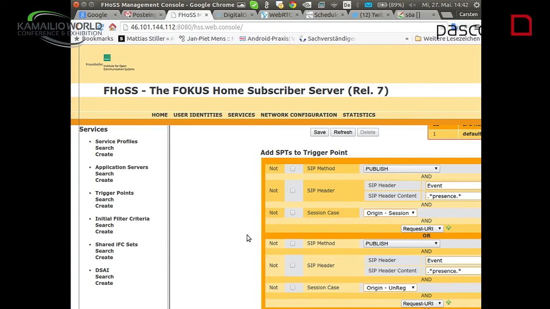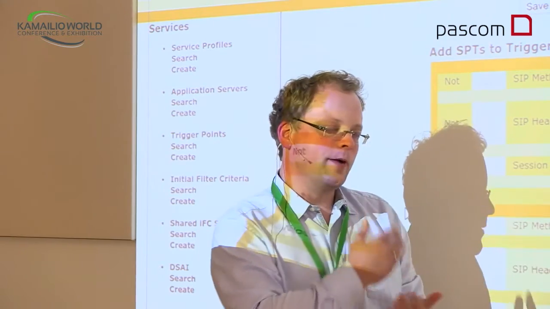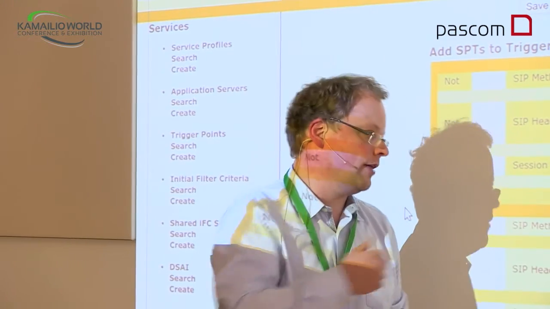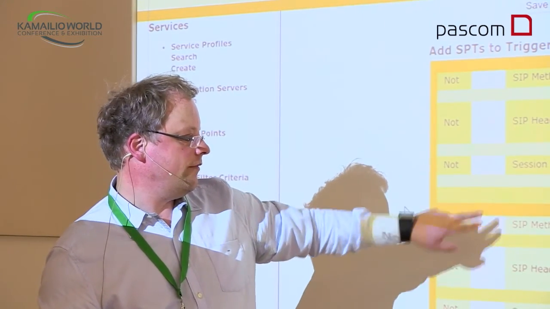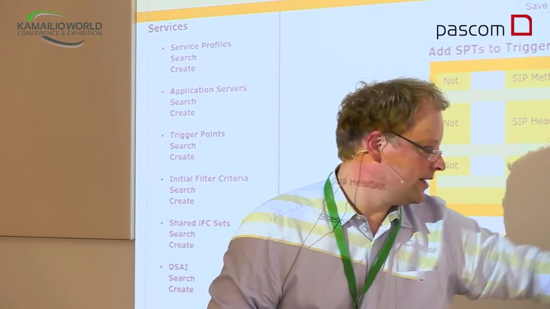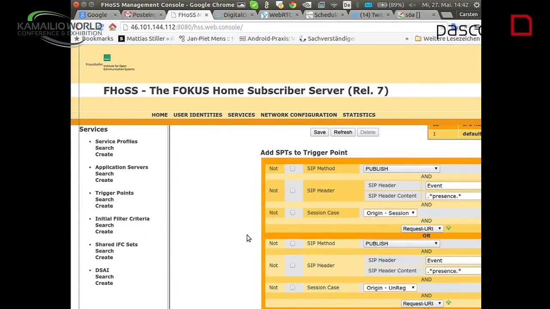We want to check for a certain header, like Event, and this could be presence. And we want to have an originating session, so it's a request coming from the user towards the network. Or we want to have a PUBLISH with the event presence for an originating subscriber which is in the unregistered state. And this is basically how you make the rules in an IMS network.